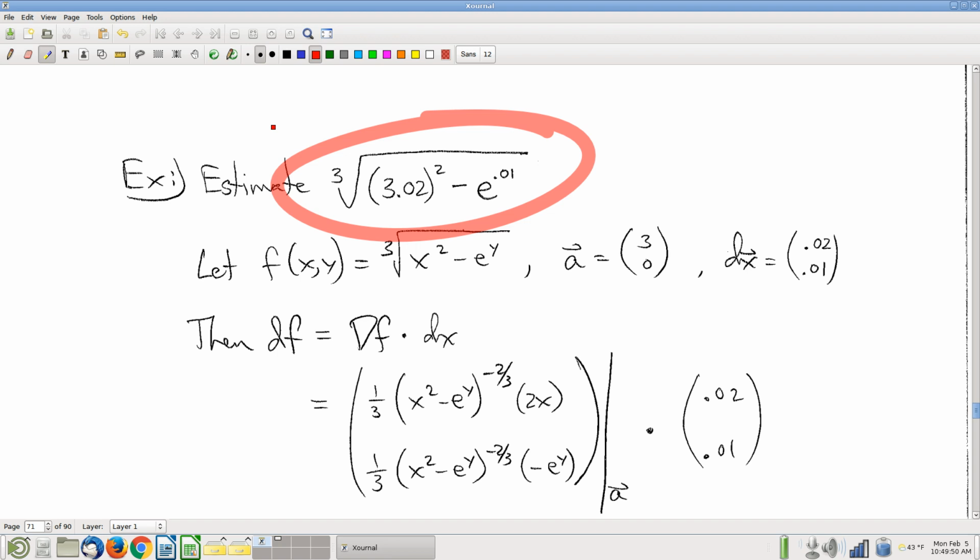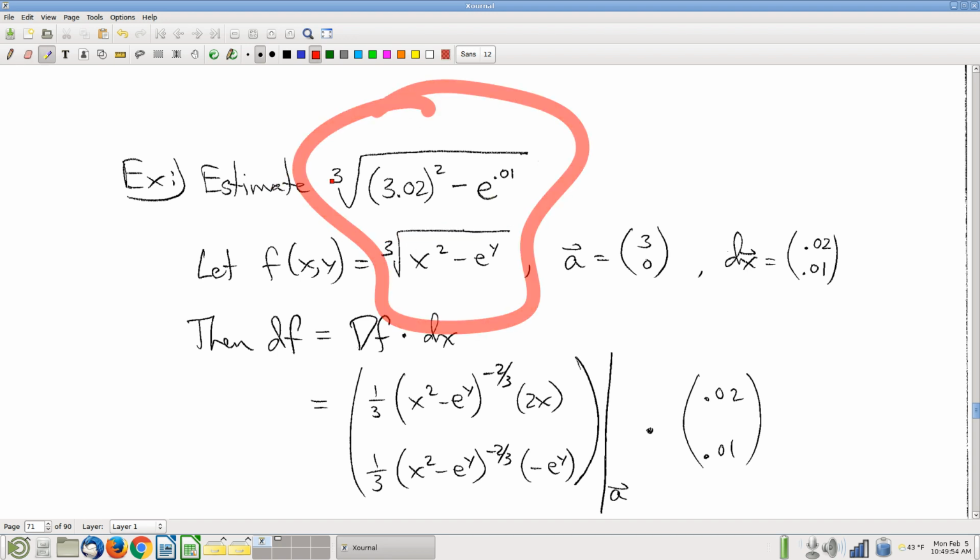Okay. So the observation I want to make is that what we're interested in, that is the value of a multivariable function. That's the value x. This is the value y, and we're looking to evaluate this function, cube root of x squared minus e to the y.